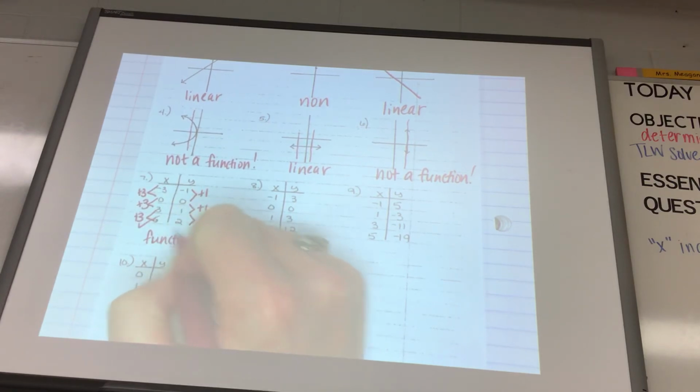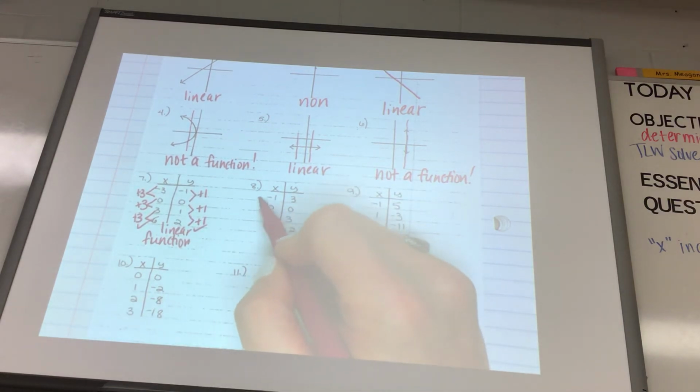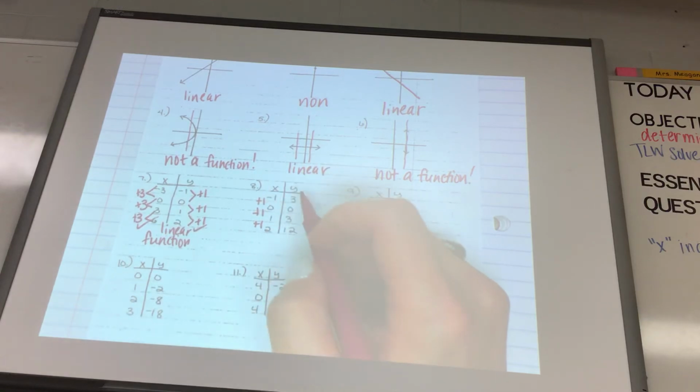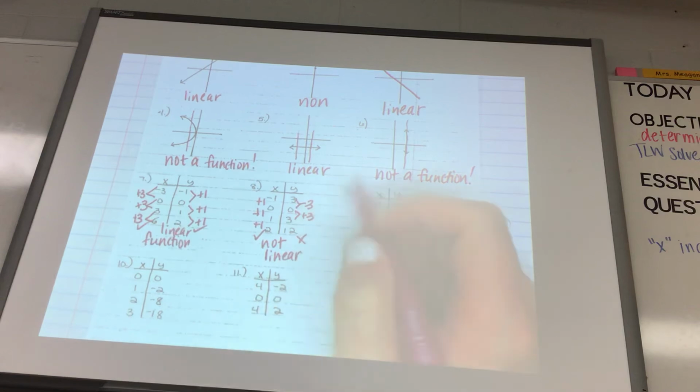Well, this one is +1, +1, +1. Over here we have -3, +3. So it is not a function. Or it's not linear. Sorry, it is a function. It's not linear.